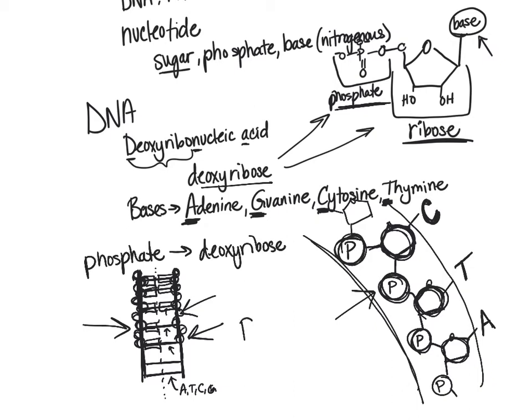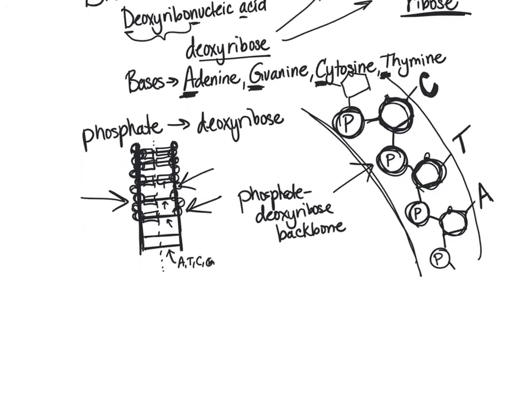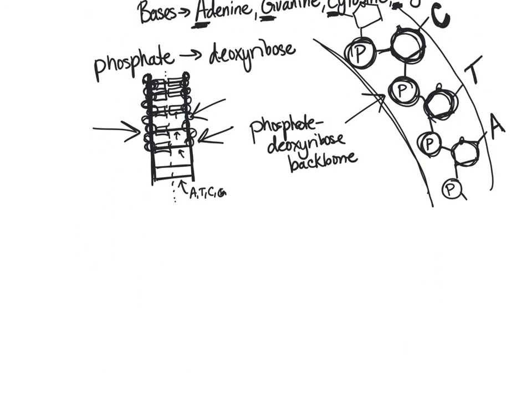It's called our phosphate deoxyribose backbone. It forms the backbone of our DNA structure. And then we have the rungs in the inside, which are nitrogenous bases. So I'm going to scroll this up a bit here.